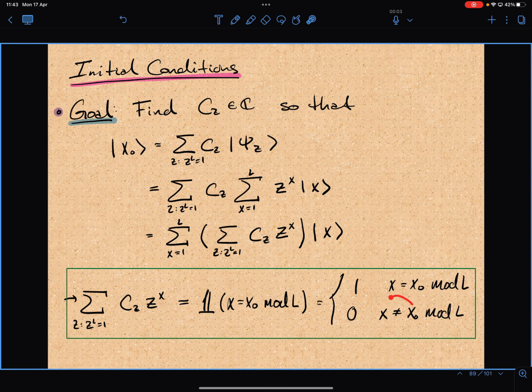And if it's not, the coefficient should be 0. And this is, again, by matching the coefficients in front of the x's on the right and on the left. So this is going to be my diagonalization problem. And this is just the problem of finding the initial conditions.